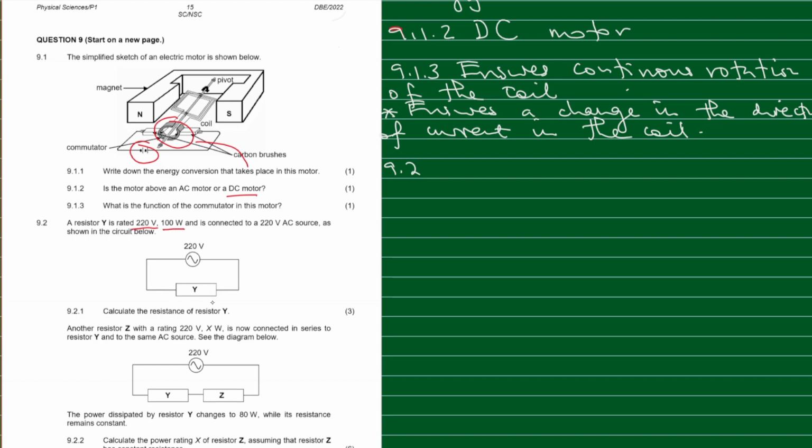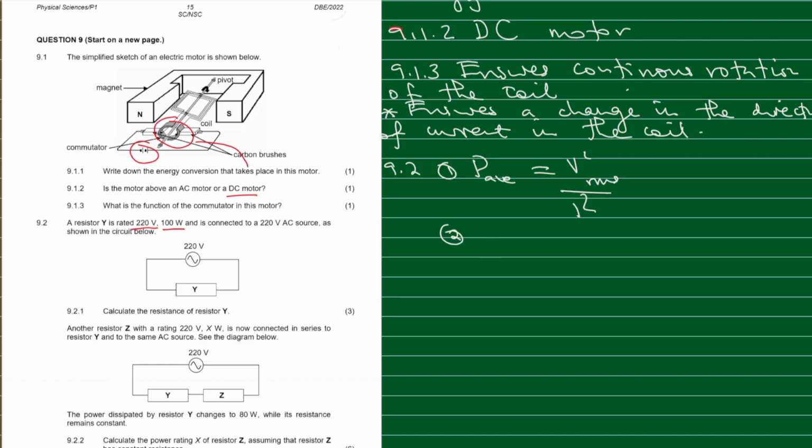So we are going to use the power equation to calculate the resistance for Y. Now we know that we have got the three equations for power. Number 1, P average is equal to V squared RMS over R.